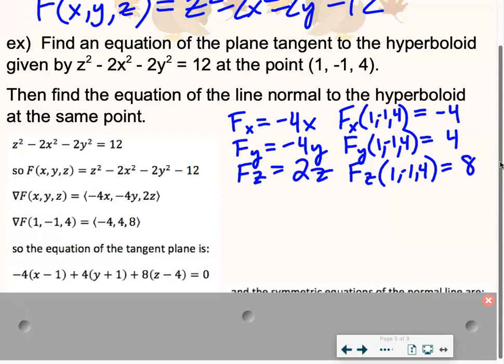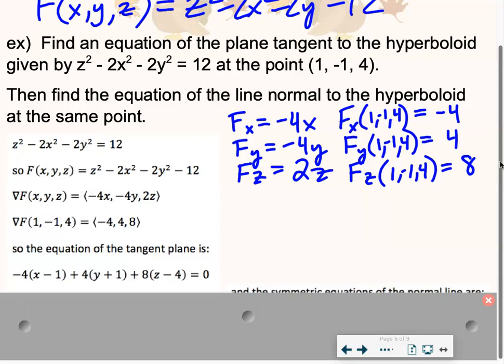What's your question? Oh, when we write the equation of the line normal at the same point? What do you need to write it?